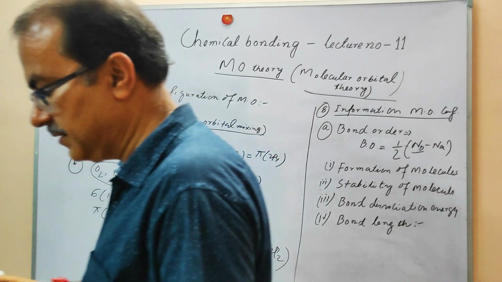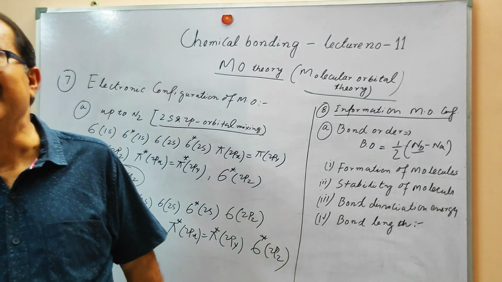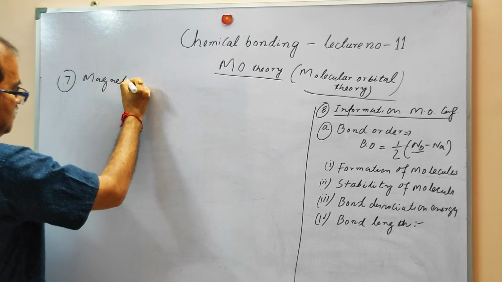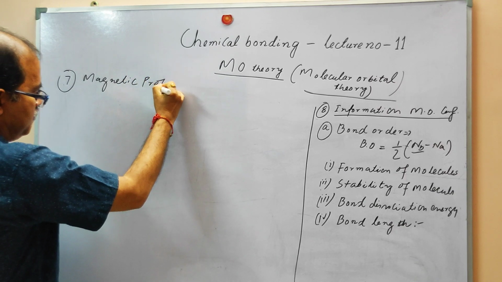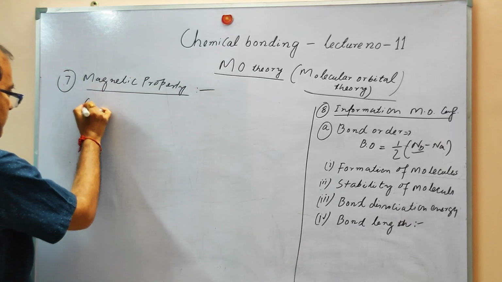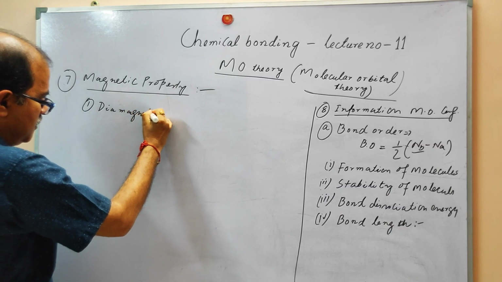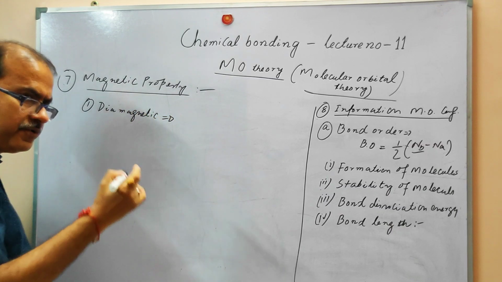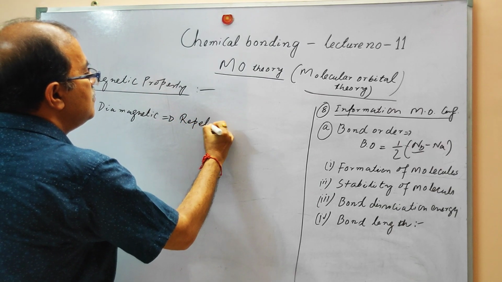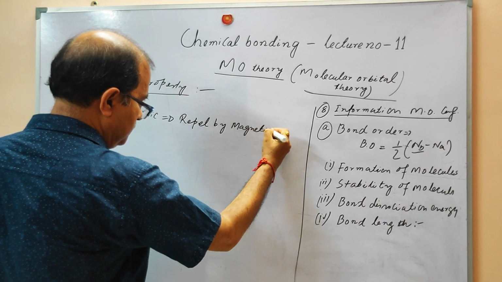Another piece of information that we can get from the molecular orbital configuration is the magnetic property. Magnetic property is basically of two types. One is diamagnetic, which means the substance is repelled by the magnetic field.